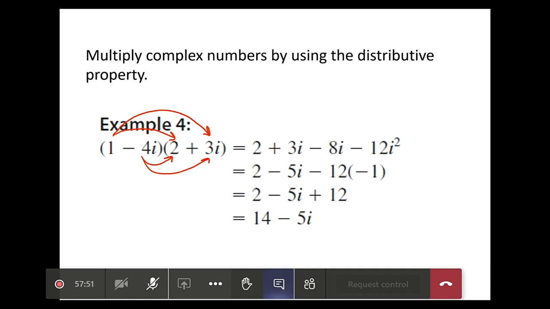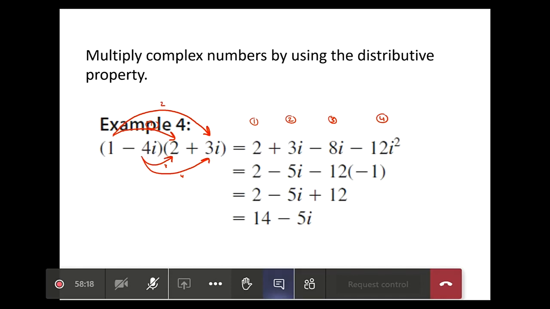So multiply each term in the first bracket with each term in the second bracket. 1 multiply 2 is 2. 1 multiply 3i is 3i.